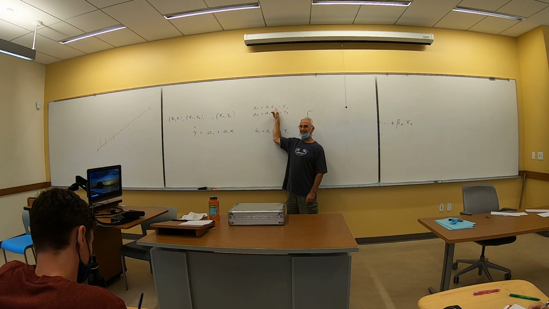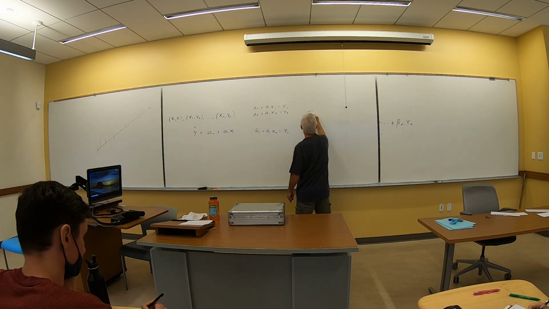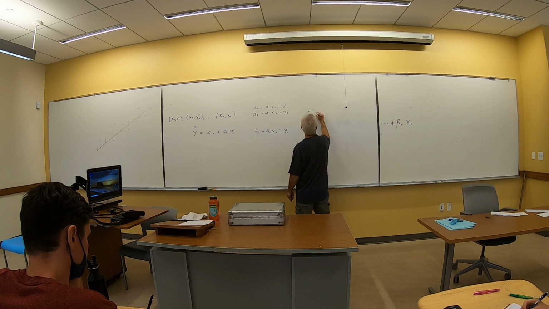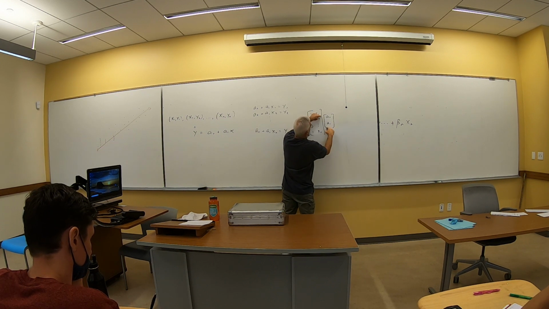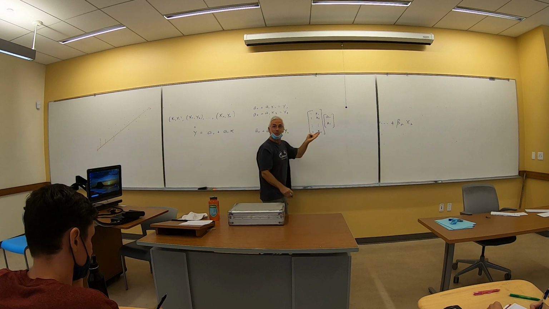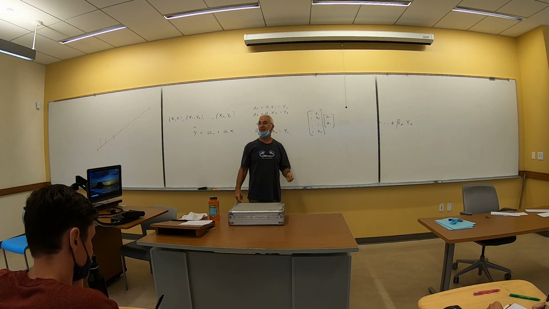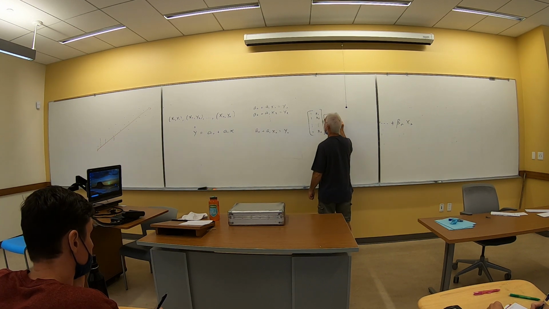X. So now look at that, see? A0 plus A1x1. A0 plus A1x2. A0 plus A1x3, and so on and so on. Do you see it now? And what does that equal?